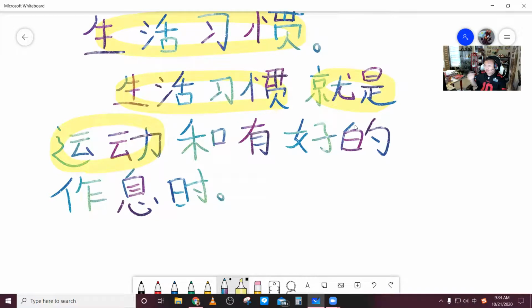Remember, you can write 锻炼身体, but 王老师 said don't write 锻炼身体 because that is complicated. And you're very pretty much will make a mistake when you're writing it, okay? Unless you practice like 20 for 30 times.